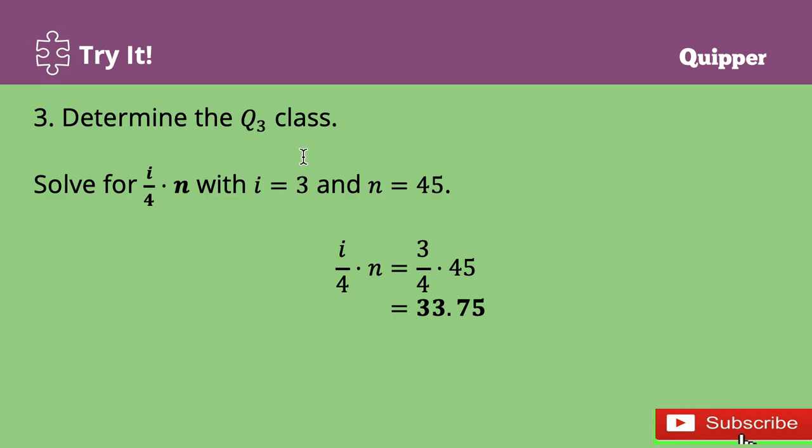Next, we are going to determine the third quartile class. Of course, we will be solving for i over 4 times n. Our i now is equal to 3 since we are looking for the third quartile. And still, we are using the total frequency, which is 45. That is 3 over 4 times 45. 3/4 of 45 is equal to 33.75.